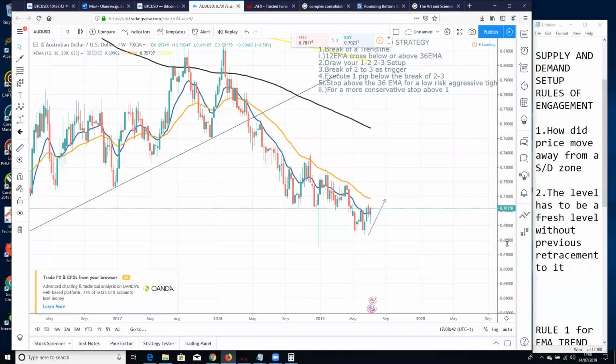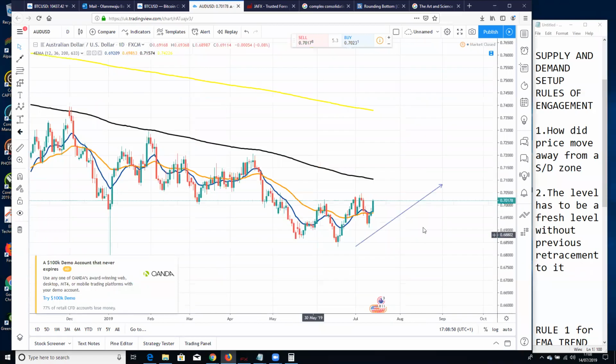So we then move down to the daily time frame to see where price started to drop down significantly. When you look at the daily time frame, we can see that we have some serious sell-off that occurred previously that pushed price all the way down to here.